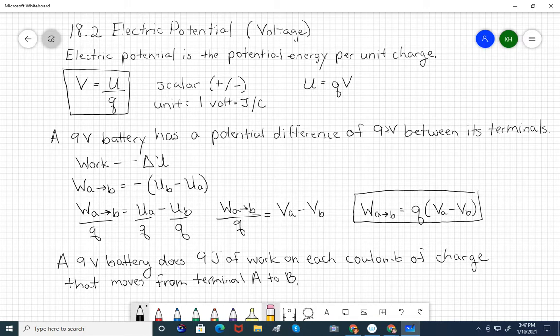Okay, so in recap, electric potential is the amount of potential energy per unit charge, or it is the amount of work that is done on each coulomb of charge.